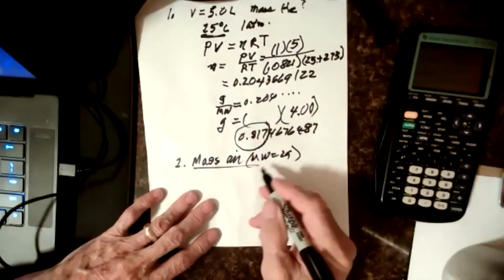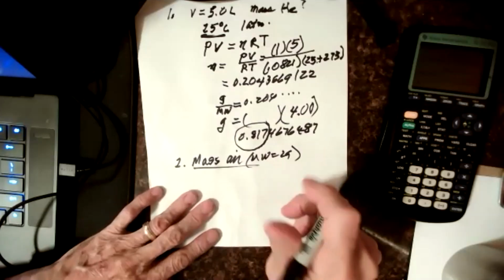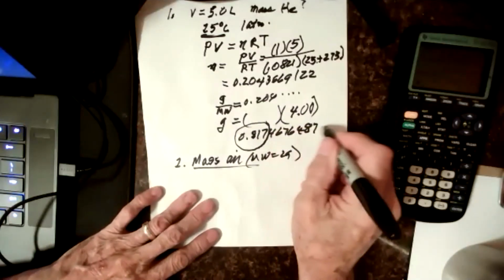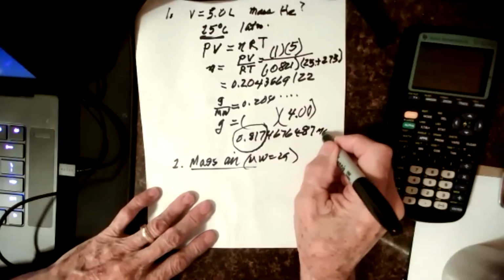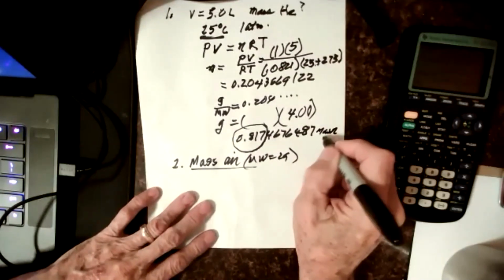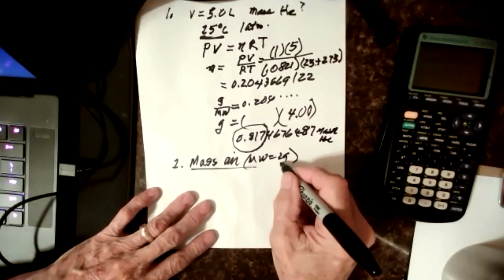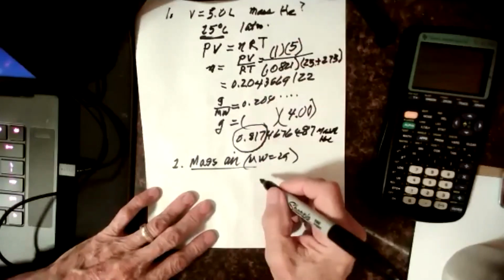So I could do the math like that. I said it was an easy problem because this is the mass of helium, and I'm trying to get the mass of air. The difference is the two molecular weights.